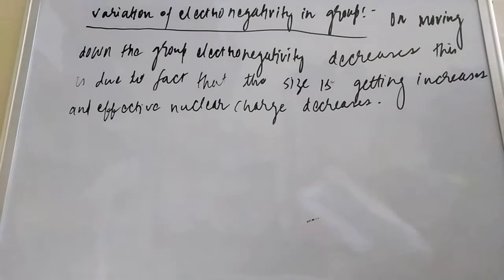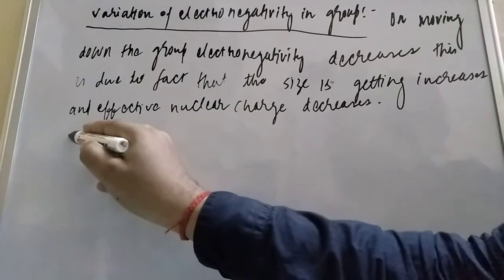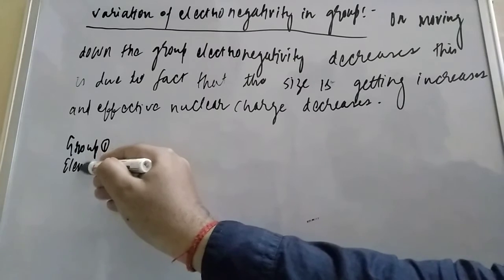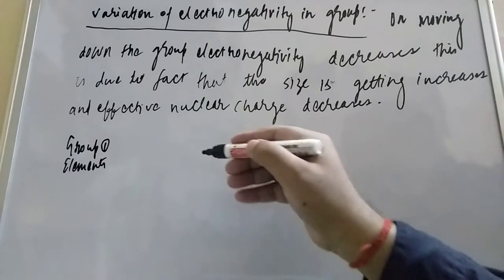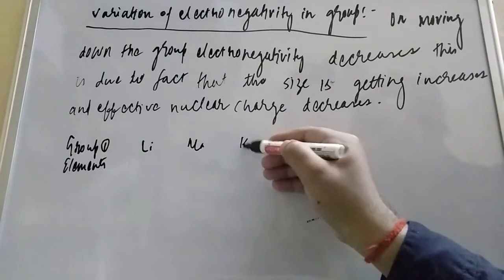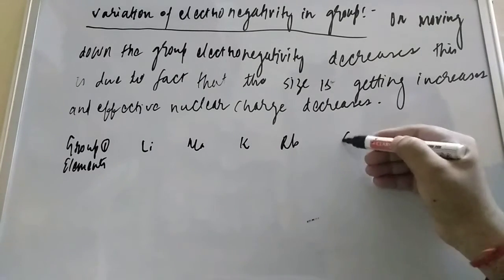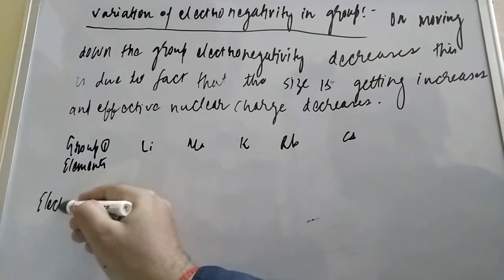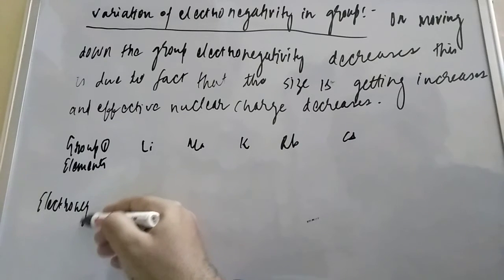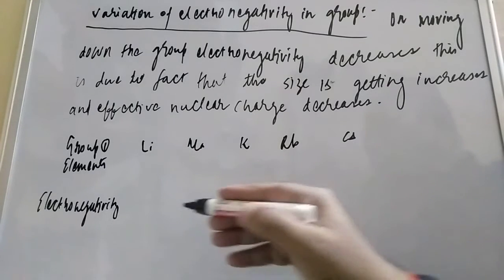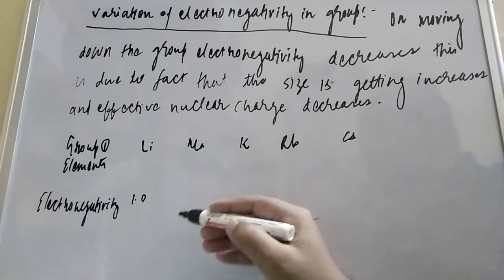So let us see with the help of an example. The values are already given. Suppose you are going down group 1 elements: lithium, sodium, potassium, rubidium, and cesium. Lithium has an electronegativity of 1.0.